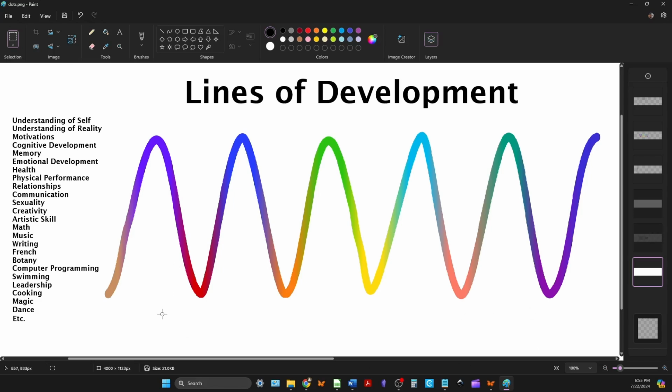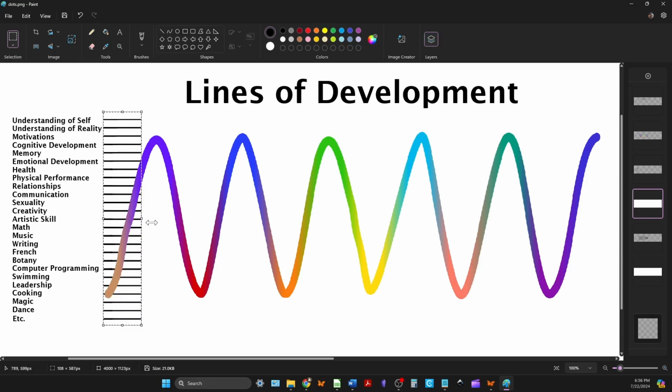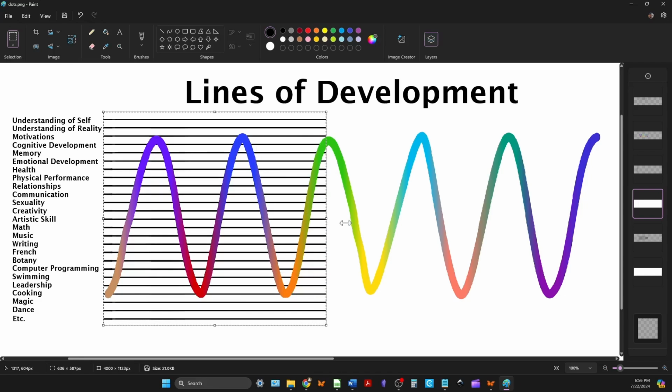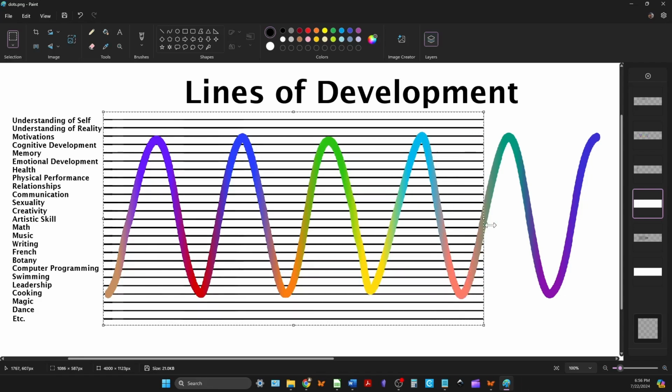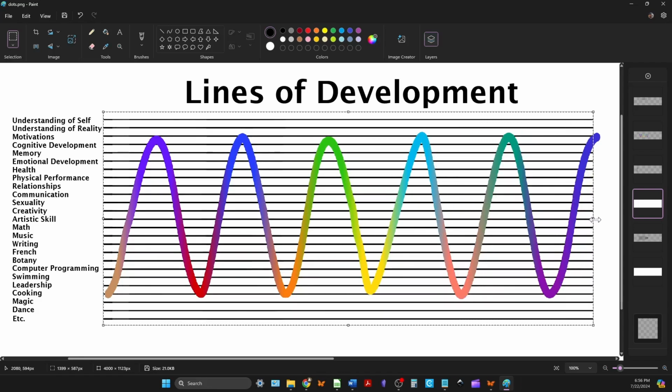So when we're actually developing our consciousness, what that looks like is all these different lines are moving along the same trajectory. Each one is moving along the spiral. And I just drew this as though they all move at the same rate simultaneously, which I'm fairly certain is impossible to accomplish.